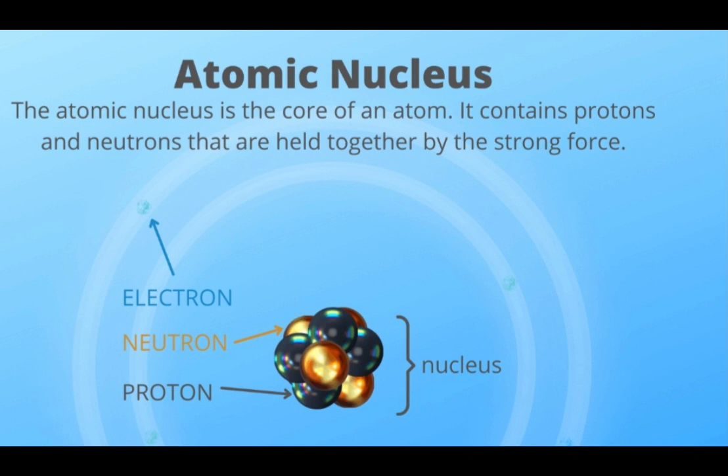Together, protons and neutrons form the nucleus, which is the central part of an atom. Electrons, on the other hand, are found outside the nucleus in electron shells. Haptons and wontons are not relevant to the structure of an atom and are not found in the nucleus.